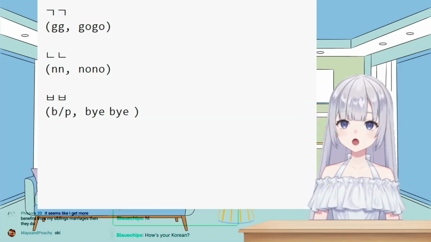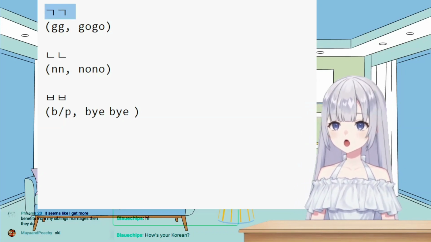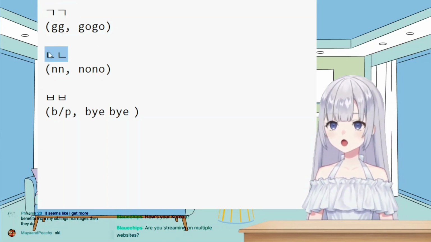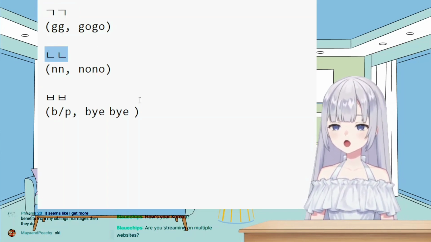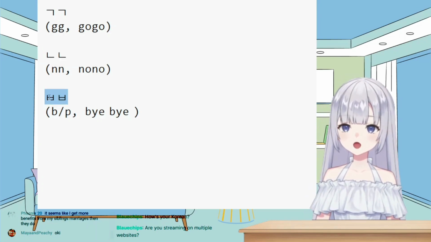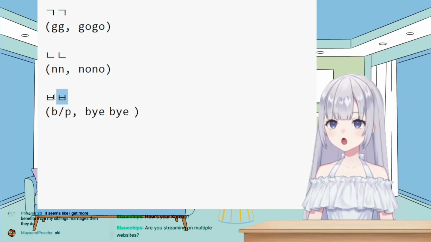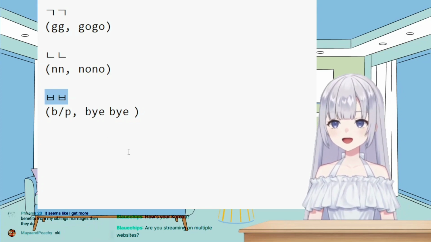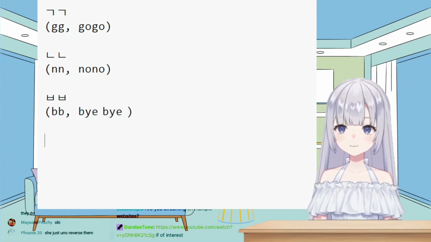See, so far we've got the G sound, gogo, and the N sound, no. The B sound: one letter is the B sound, okay. Two of them, bye. G sound, N sound, B sound.